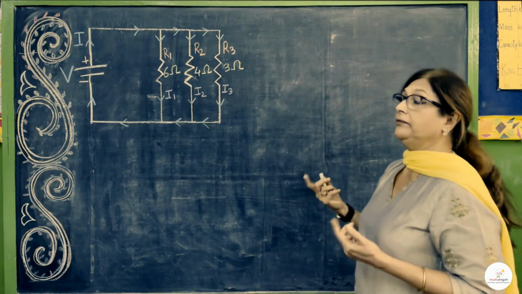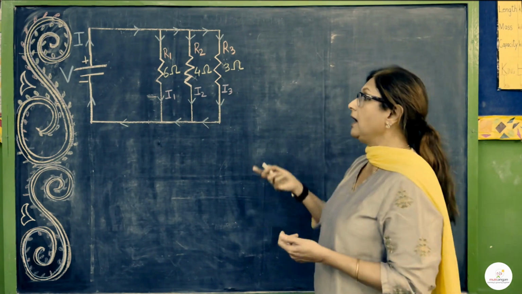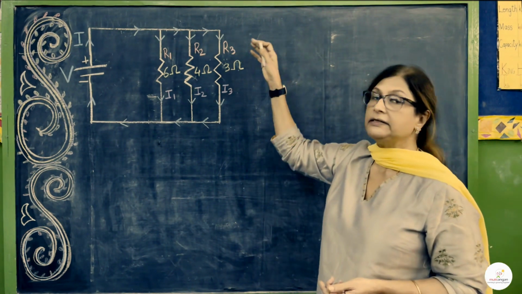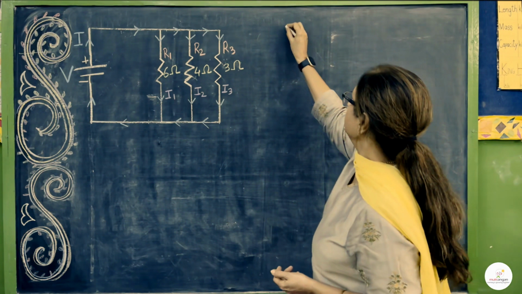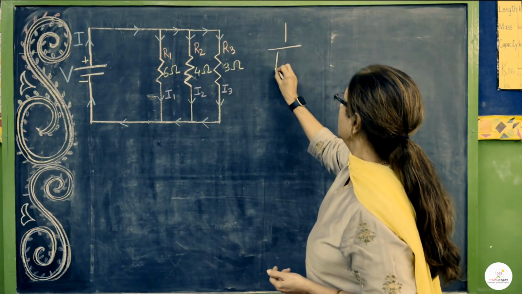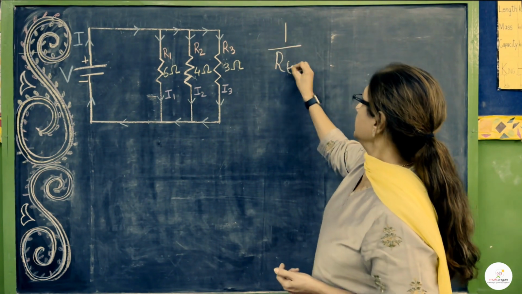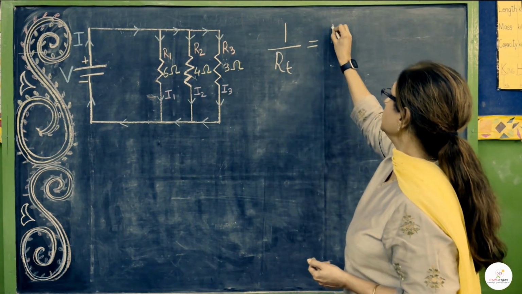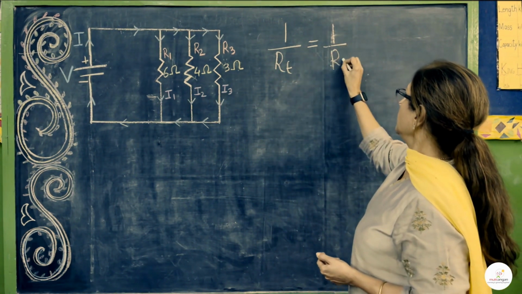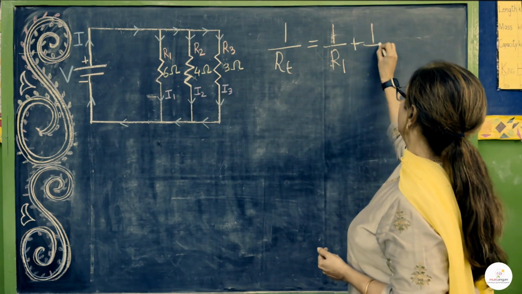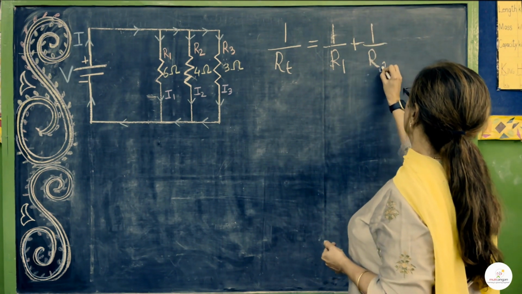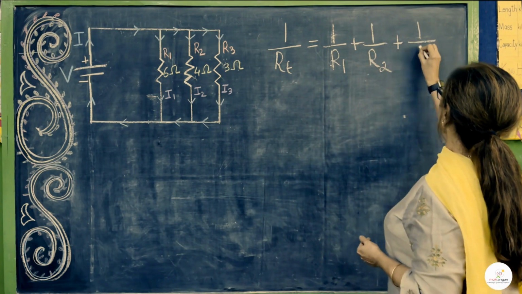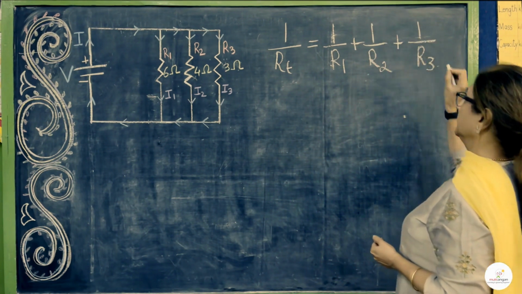Alright, so as we already know the formula to find total resistance in parallel, which will be 1 over RT, where T stands for total resistance, which will be equal to 1 over R1 plus 1 over R2 plus 1 over R3.